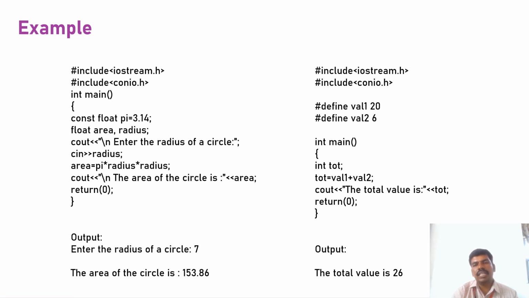Here we have declared the constant variable, so its value is constant. If we are declaring the values of constants, commonly we can declare them with #define, then the value.